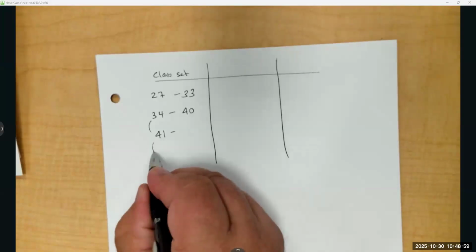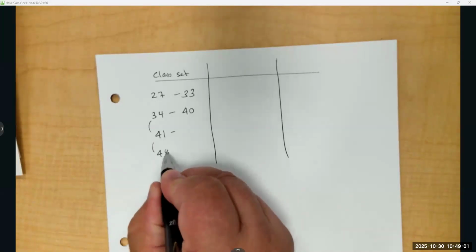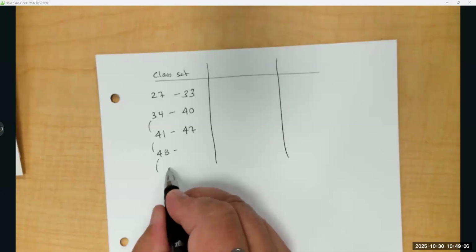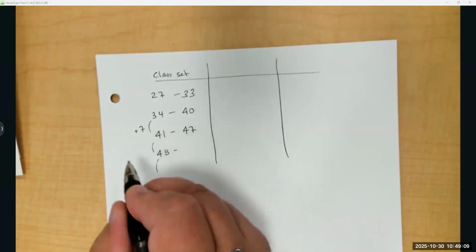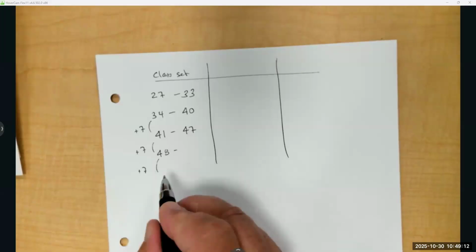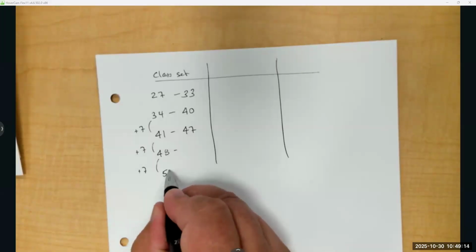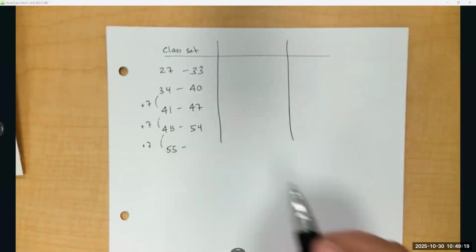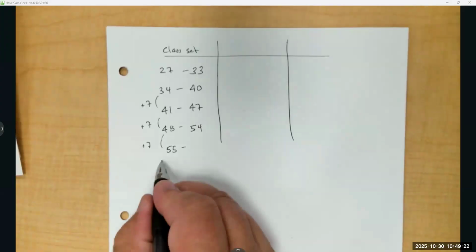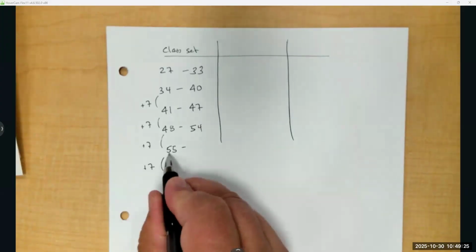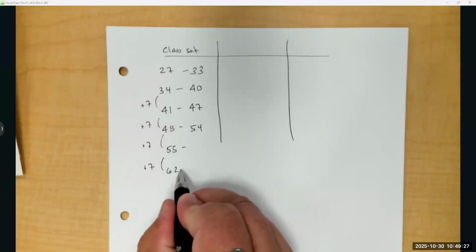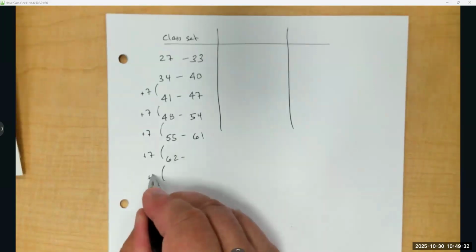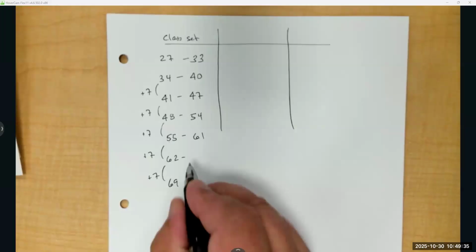Keep on going. 41 plus 7 is 48, so that means this one's 47. 48 plus 7 is 55. Makes this one 54. Add 7 again. 55 plus 7 is 62. 62 plus 7 is 69.